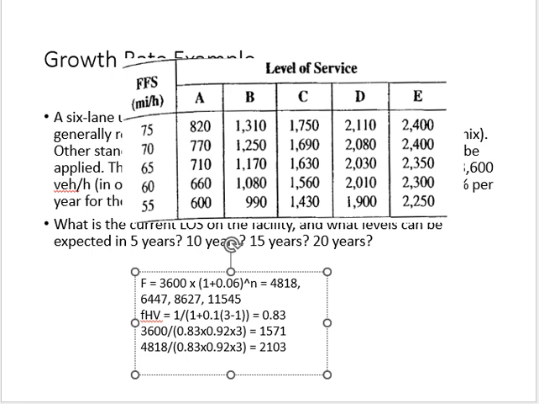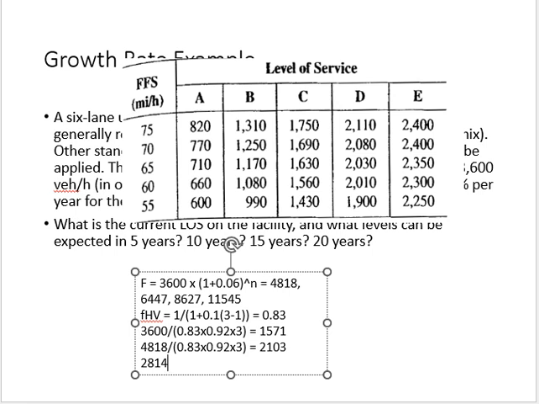Now I will divide 6447 with the same factors. How much? 2814. What level of service do I have?